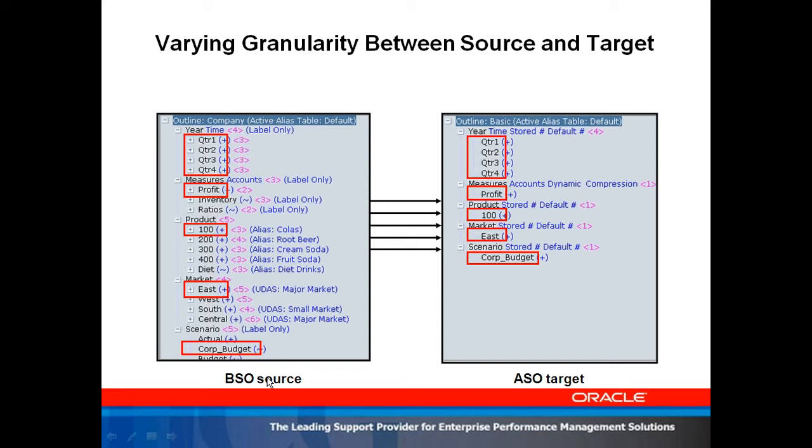And this is my BSO source data area. And I'm going to feed that data over to the ASO target cube, but in this case my year dimension only has quarters with no months or weeks or days underneath it. My profit is a standalone member, as is my product 100, as is my East market. So there's different granularity between the two.